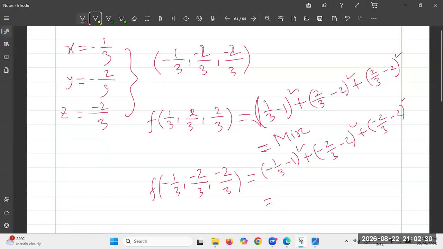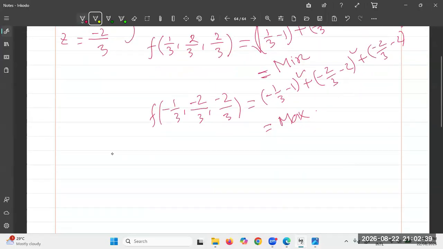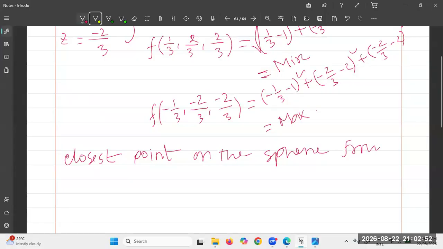That is, the closest point is this one, and the farthest point is the second one. This value is the maximum value. So the closest point on the sphere from the point 1, 2, 2 is 1 over 3, 2 over 3, and 2 over 3.